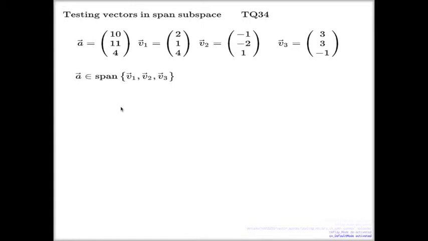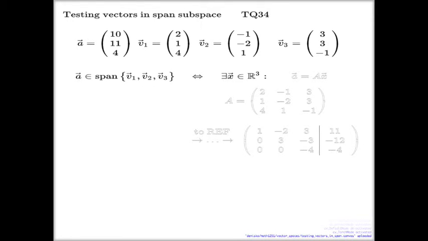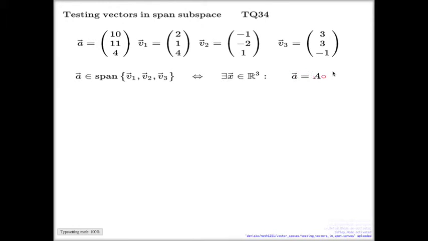So if I use my span in Fn lemma from the slide before, I can say that for the vector A to be in a subspace like this, you need to make sure that there is a vector in R3 such that your A is representable through matrix multiplication of this type, where A is the one which is composed of these V's as columns.